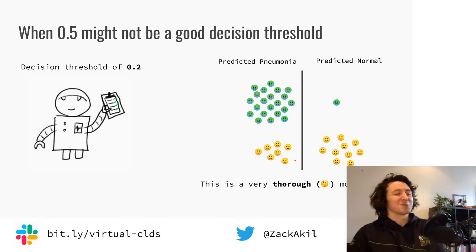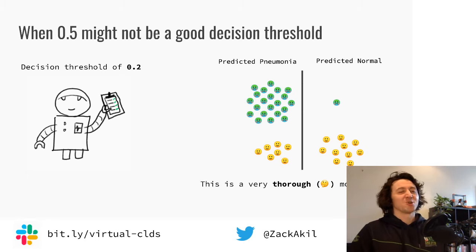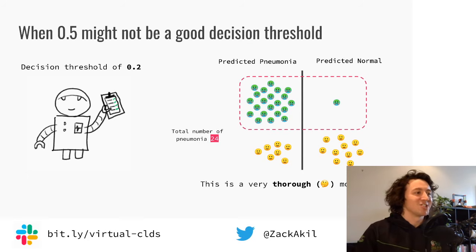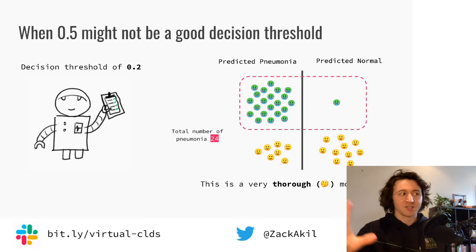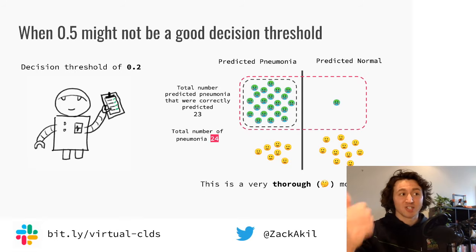Now, I had to try to come up with a word to describe this because I don't know the correct word. But I like to call this a thorough model. The previous one was a precise model. This one's a thorough model. This one gets all the pneumonia cases, or close to all of them. And if we're going to come up with a metric to define how thorough our model is, we can just look at the total number of these positive pneumonia cases and divide them by the total number of ones that we actually correctly found.